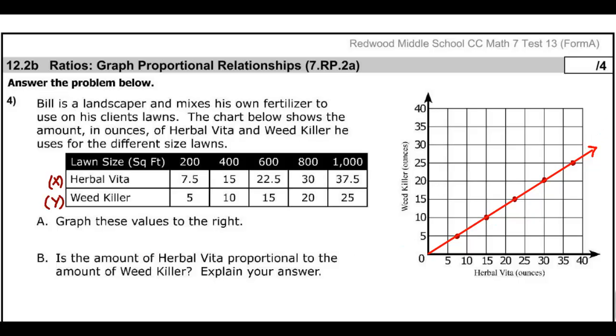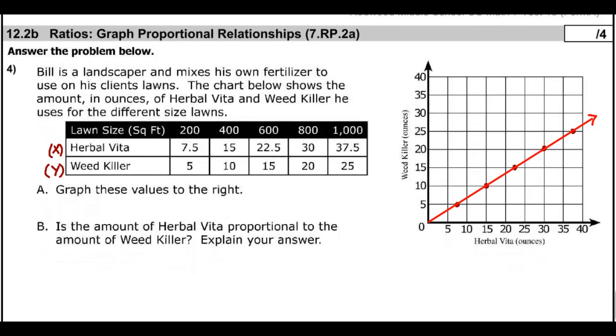How do we know that it's a proportional relationship? Well, let's scroll for a little more space. Couple things. If we look at the graph, we see that it created a straight line, and that line went through 0.